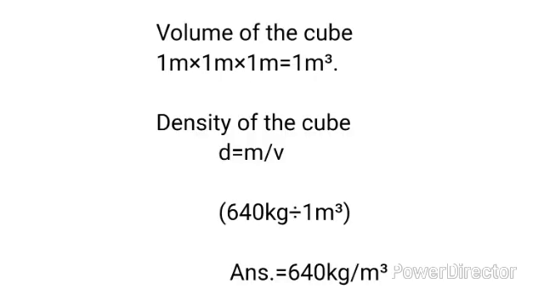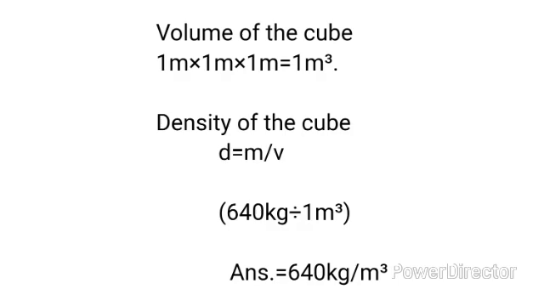Since we've been given the dimension of the cube, we can go ahead to get the volume by multiplying 1 by 1 by 1, so that we get 1 cubic meter. Now, we already have the mass as 640 kilogram and the volume as 1 cubic meter.